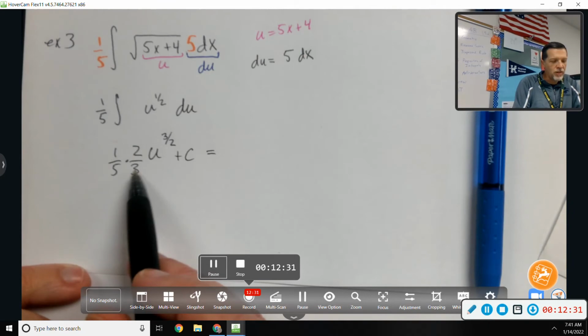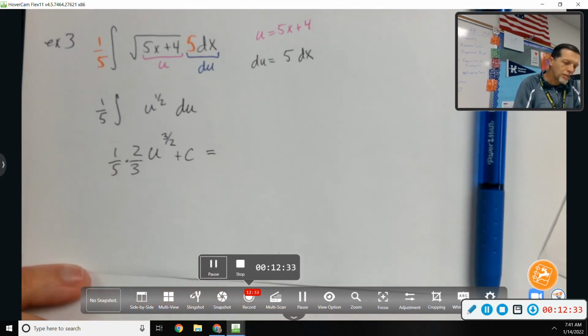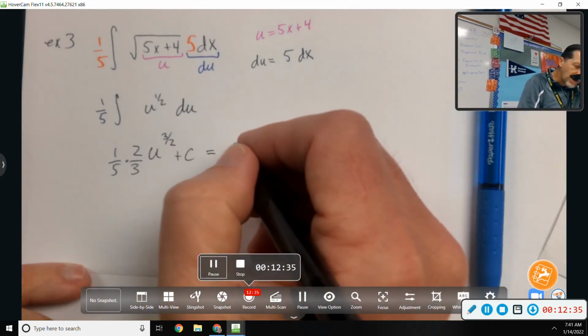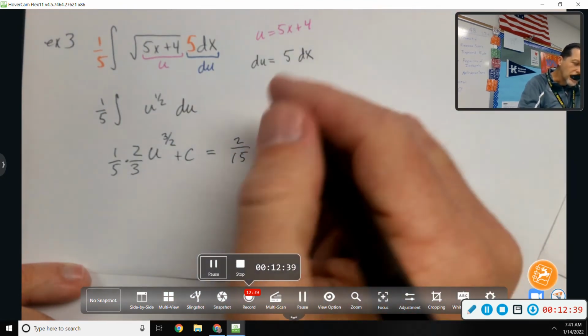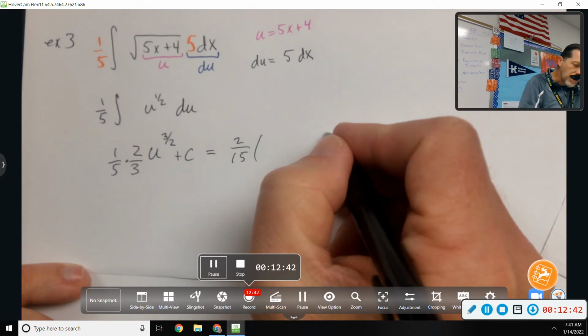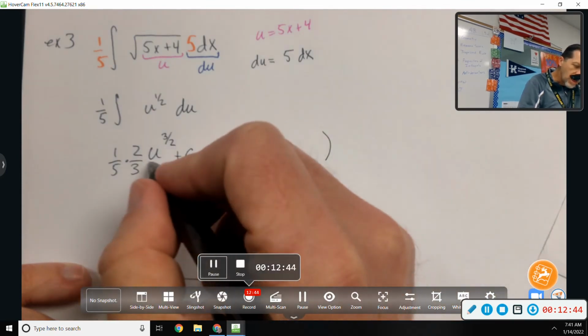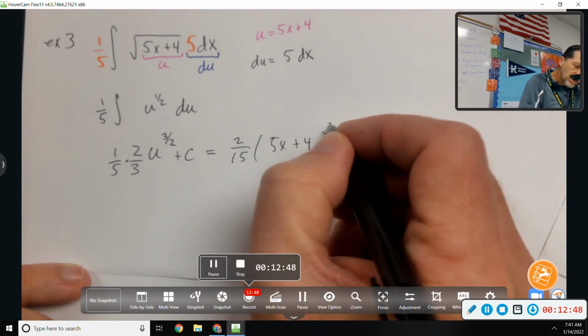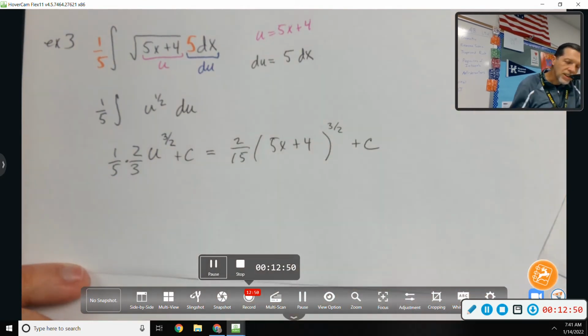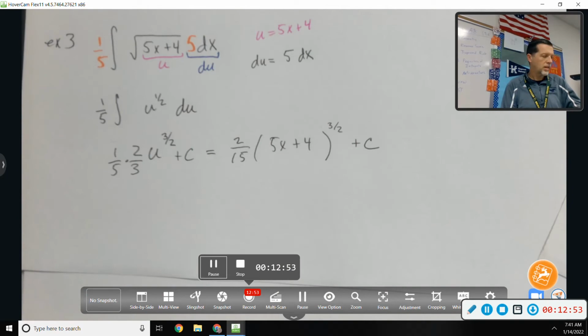So if you were really concerned about how to multiply fractions, you could leave that as is. I'm going to go ahead and take that adventurous step of multiplying. And then u is 5x plus 4 to the 3/2, and don't forget the plus c at the end. Again, if you pick u correctly, things work out pretty well.